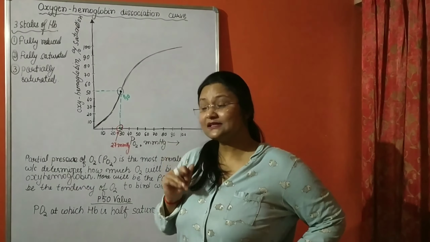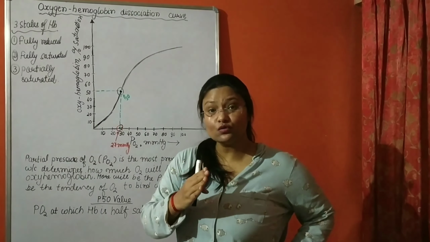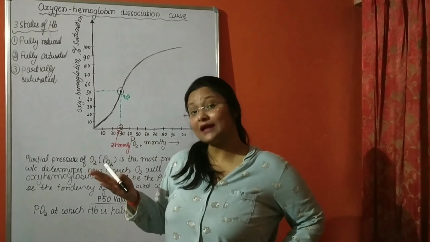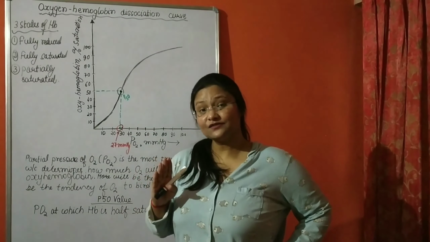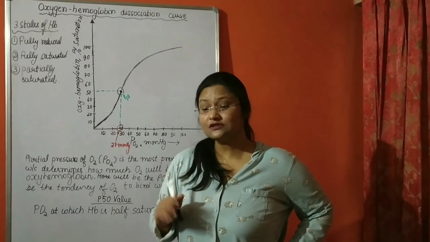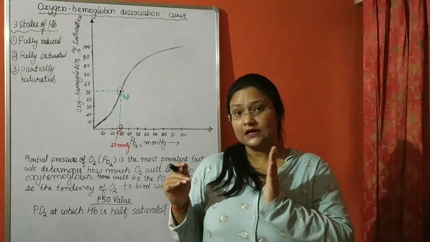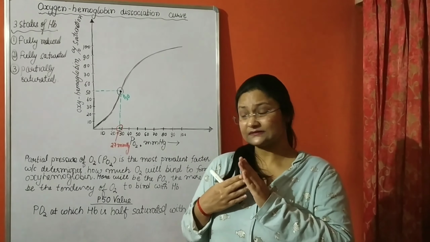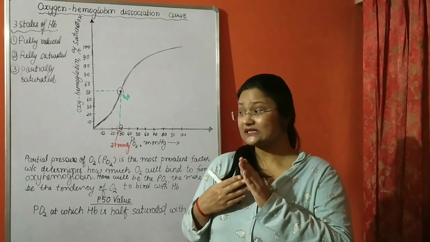Since PO2 is less in body tissues and PCO2, the partial pressure of carbon dioxide, is higher, hemoglobin leaves the oxygen molecule, and that's how oxygen is delivered to the body tissues so that it can be used for cellular respiration. This process is known as unloading of oxygen. This is how it works.